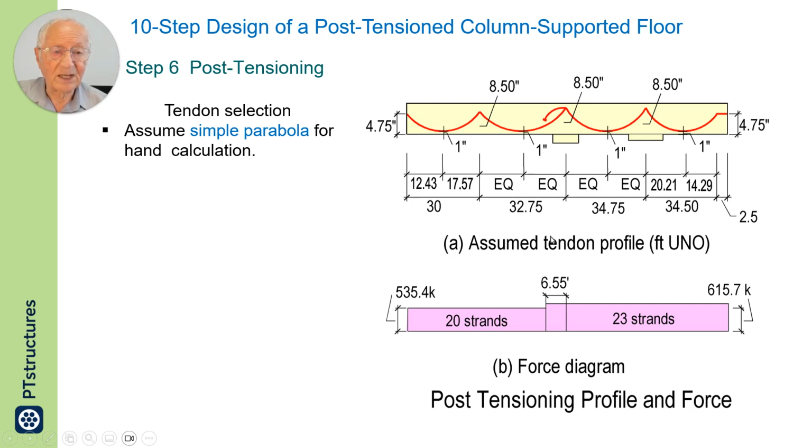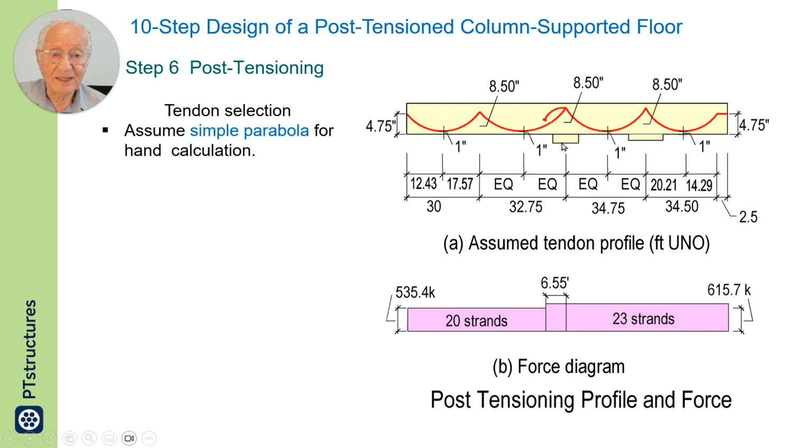Here, I assume 20 strands for the first 2 spans, and 23 strands for the third and fourth span. So there will be 3 strands which from span 3 extend over the support to span number 2.